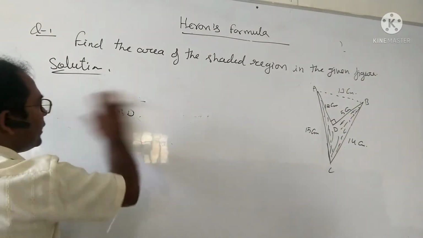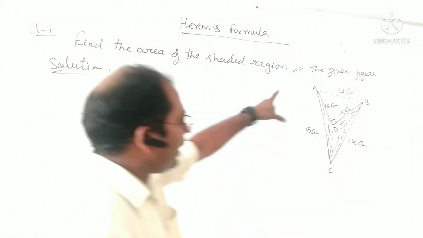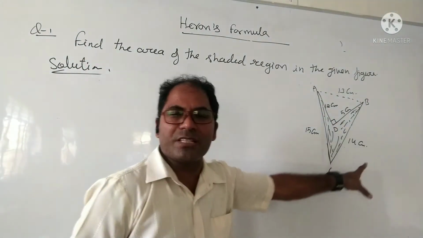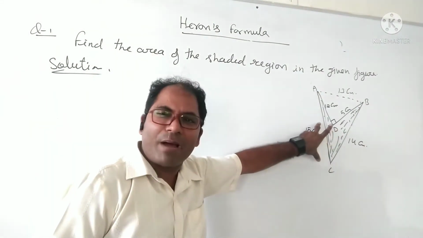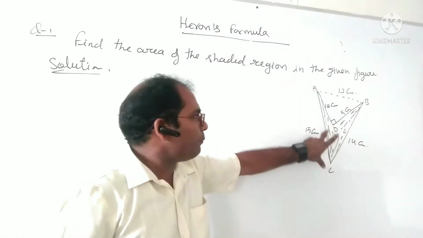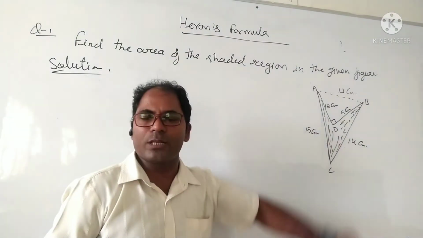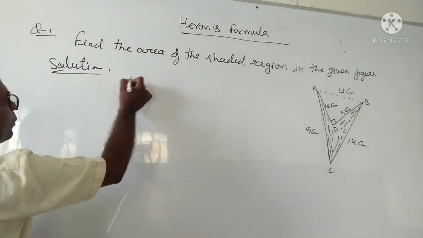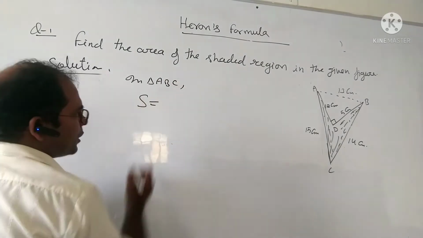So how can we find the area of the shaded part? See, ABC is a scalene triangle, so we will find its area by using Heron's formula. But before that, we need to find the semi-perimeter. Let a equal 14 centimeter, b equal 15 centimeter, and c equal 13 centimeter.